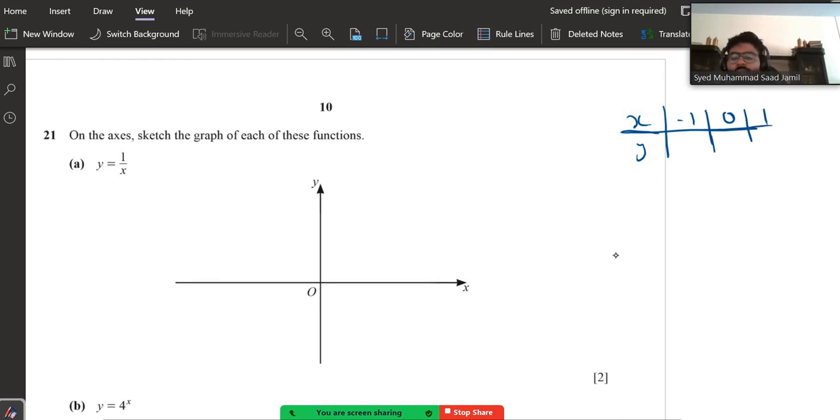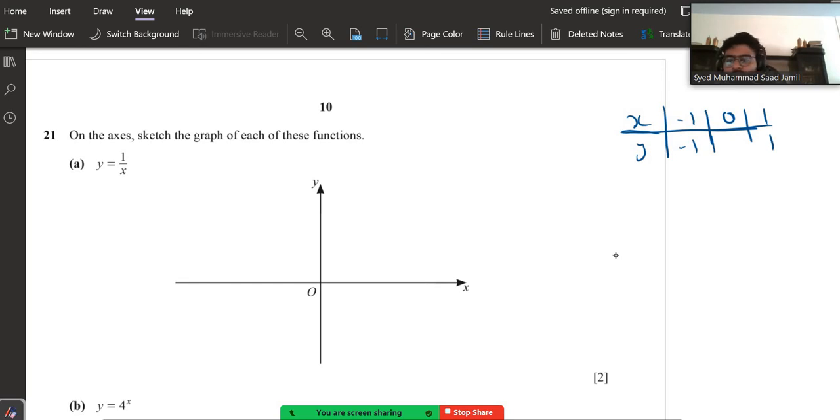When the value of x is -1, the value of y is also -1. When the value of x is 0, the value of y is undefined. There is no graph, we can't make it. And when the value of x is 1, the value of y is also 1.